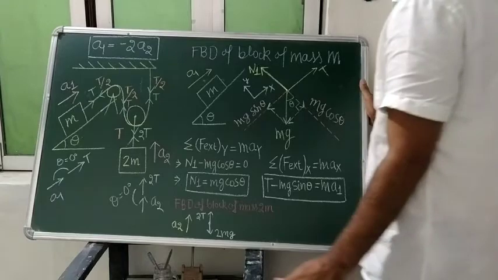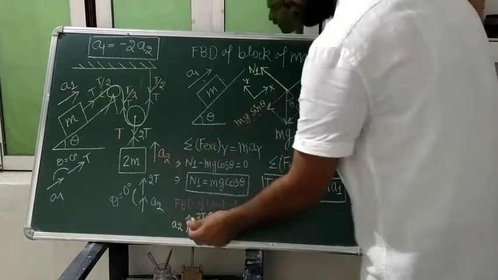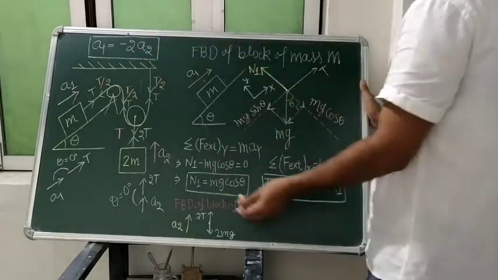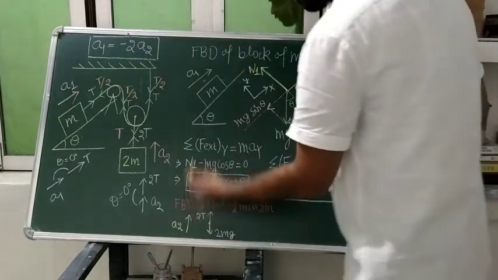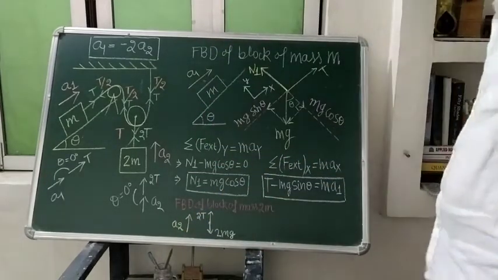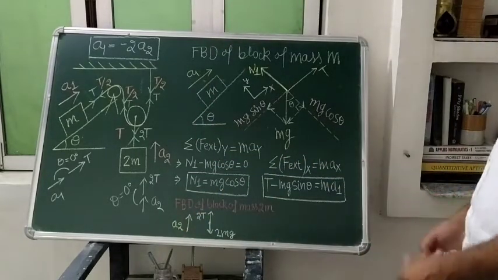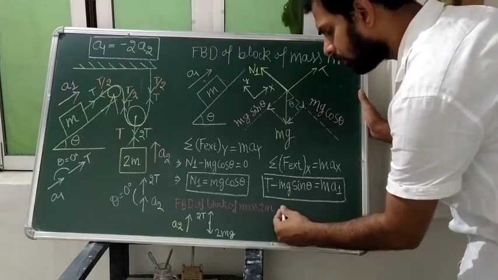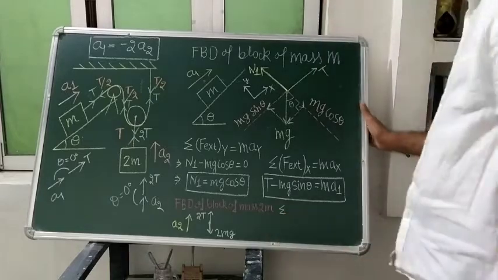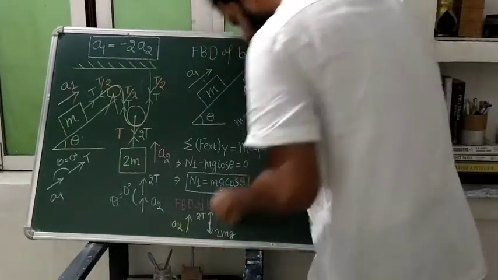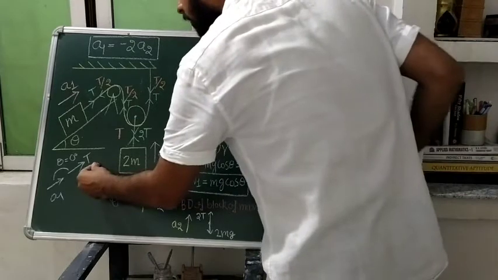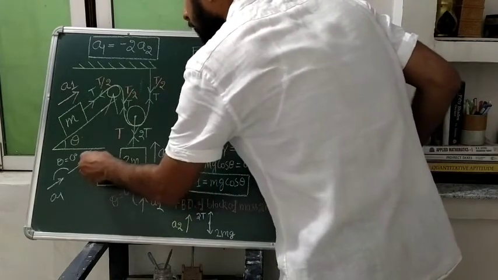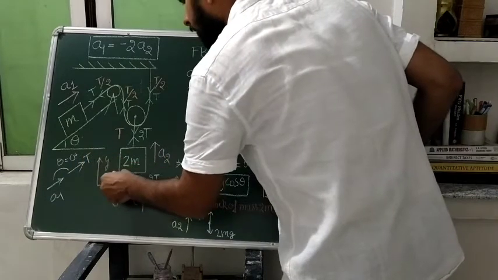Okay, so whatever our assumptions are, the same assumption we will put here, because we are going to use it, and this will tell us if it should be in the negative direction. So it is in this direction we have assumed. Students, when you apply Newton's second law here, this one is our y-axis and this one is our x-axis.